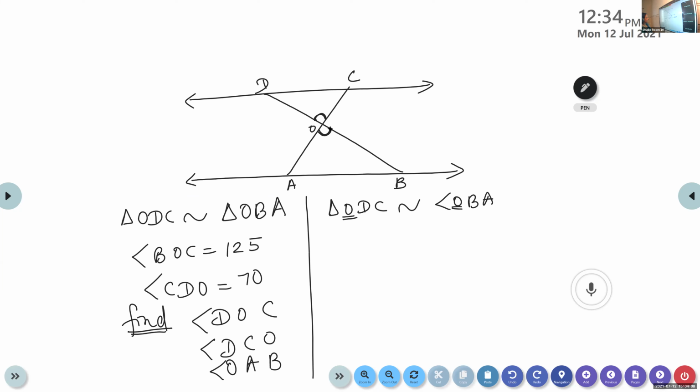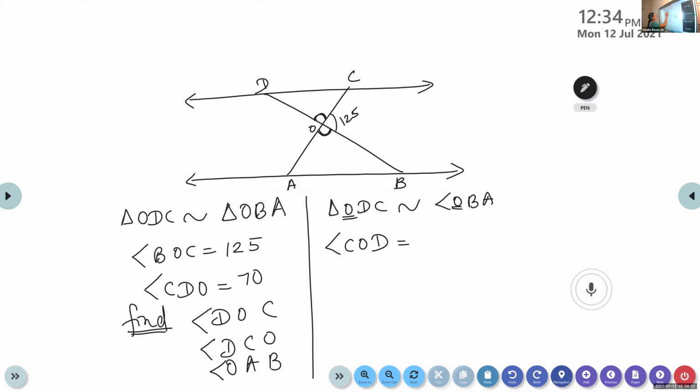Here BOC is given as 125. Therefore, can you give me what will be angle COD, or DOC?